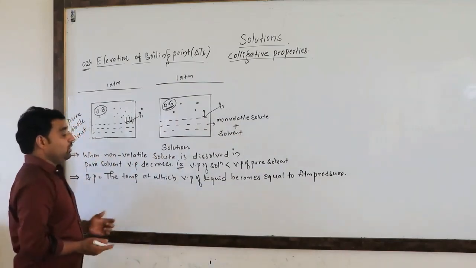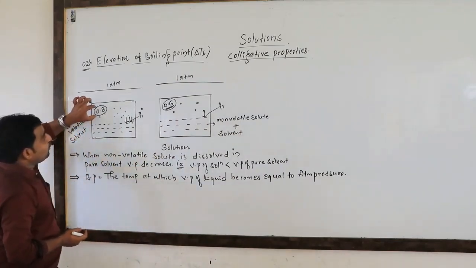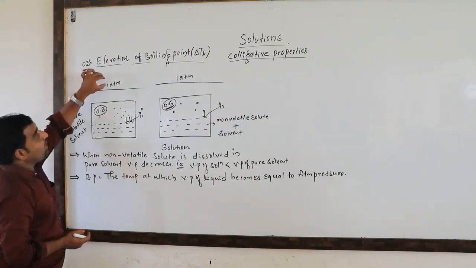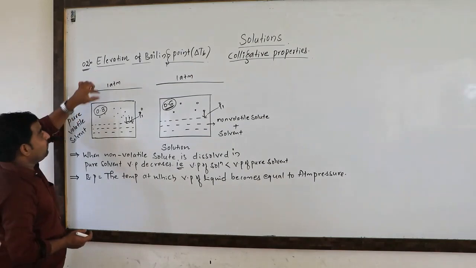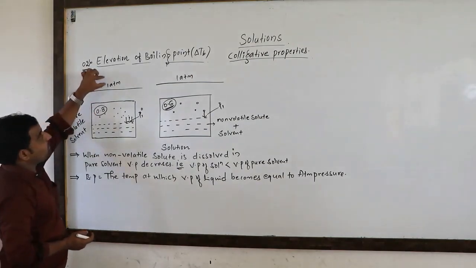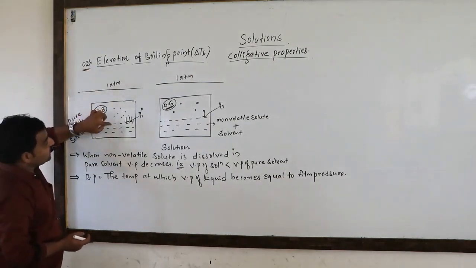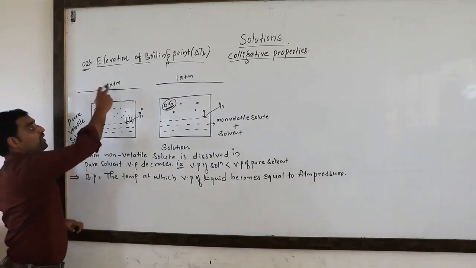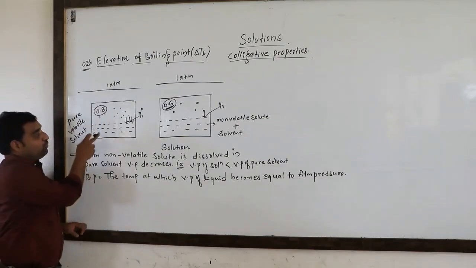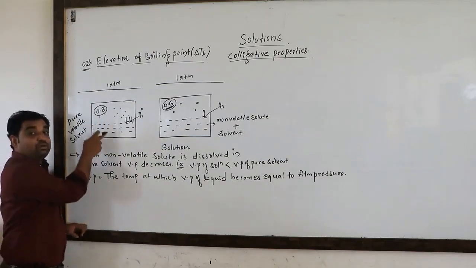It means when the vapor pressure of the liquid equals the atmospheric pressure. Atmospheric pressure is 1 atmosphere. So when this vapor pressure equals the atmospheric pressure, in such conditions the solution starts boiling. Now if it is not equal to 1 atmospheric pressure, it means if you want to boil the liquid, we have to give heat or temperature to the solvent.